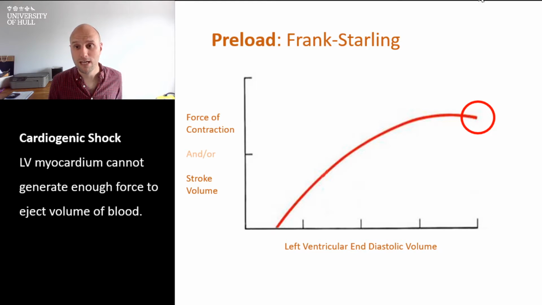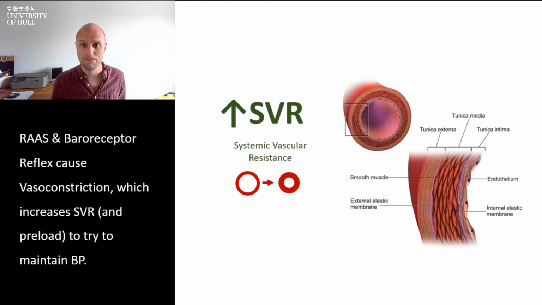However, in a failing heart, we reach a point further along, there's my cursor, where the more blood that is returned to the left ventricle, we begin to see a deterioration in the force of contraction, and in the volume of blood ejected from the left side of the heart. And this is occurring in the failing heart in cardiogenic shock.